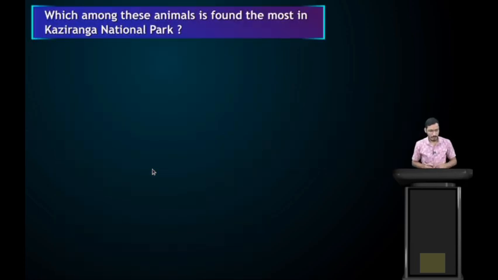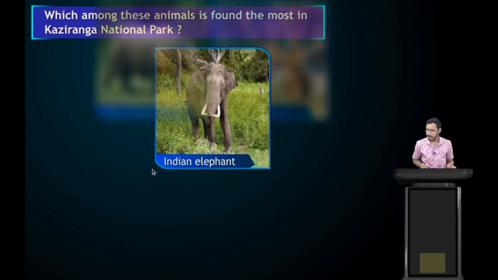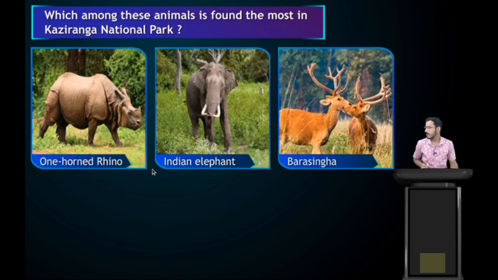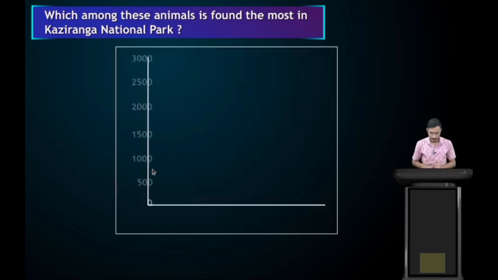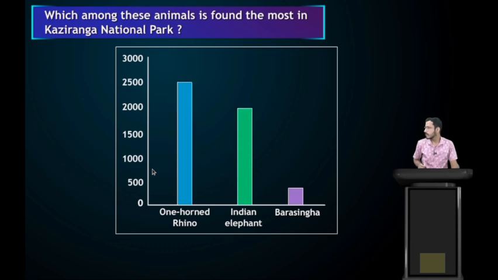Now, which among these animals is found the most in Kaziranga National Park? Here are some pictures of animals: one horned rhino, Indian elephant, or Barasinga. You can see the name of animals and numbers.